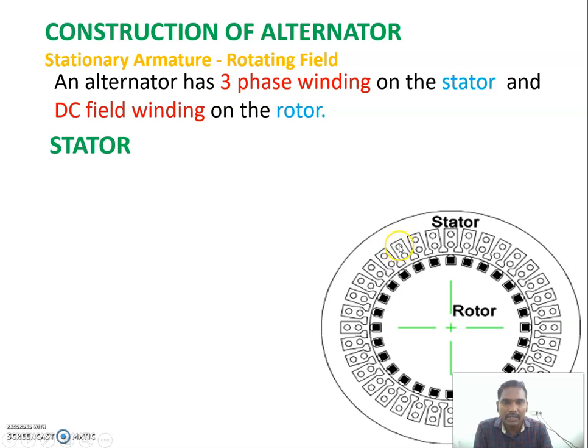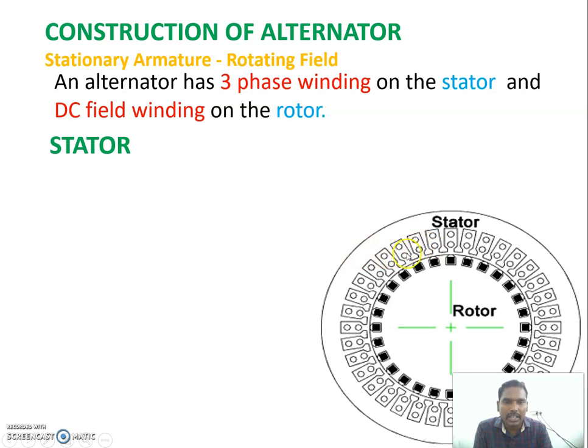Here we have two holes, and these holes are nothing but ventilating ducts provided in the stator. This part is the teeth portion of the slot. In between the slots we have some spaces, and in those spaces we provide the required armature coil.